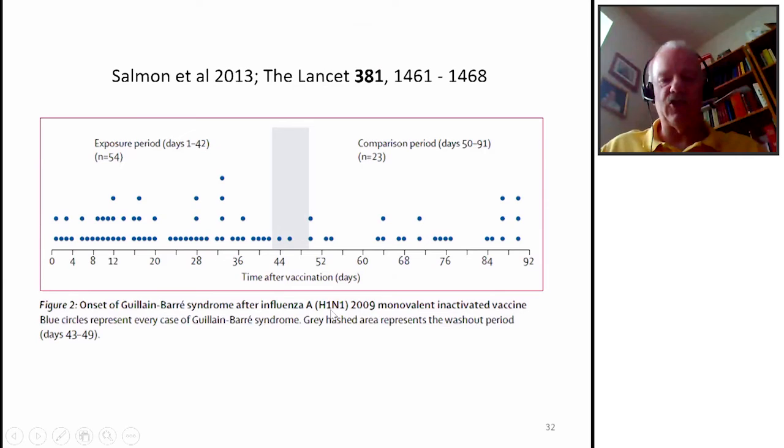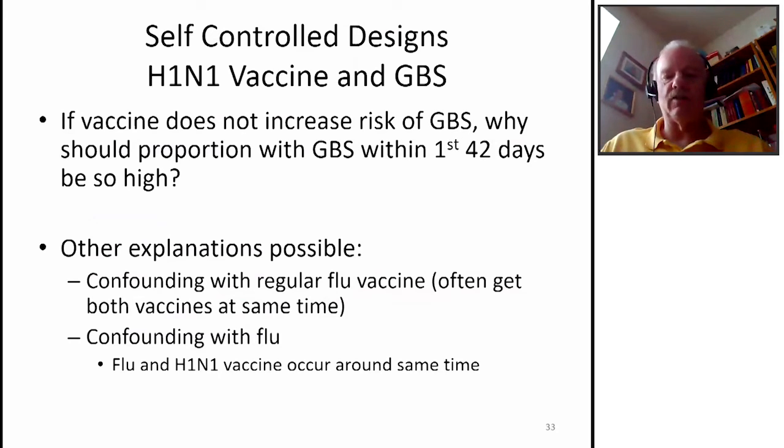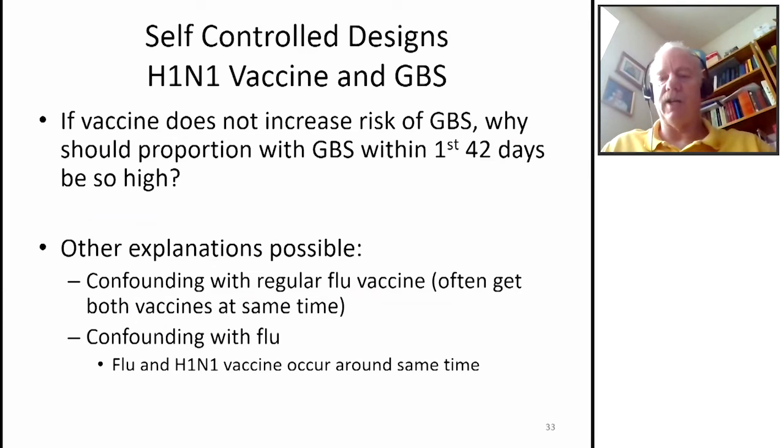And so that suggests that maybe it is the vaccine that's causing the people to get Guillain-Barré syndrome. Now, the reasoning is, if it didn't increase the risk of Guillain-Barré syndrome, then why should the proportion with Guillain-Barré within the first 42 days be so much higher than within the last 42 days?